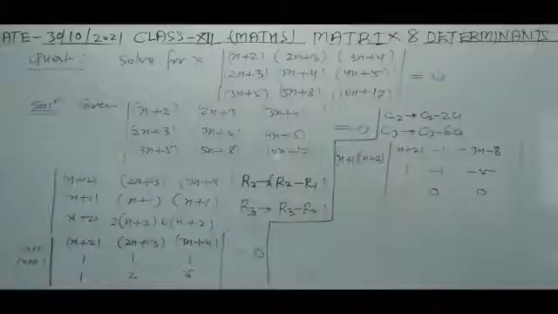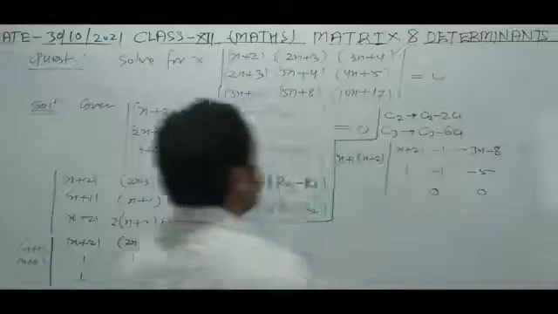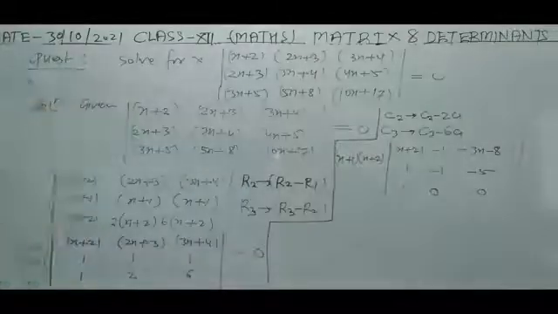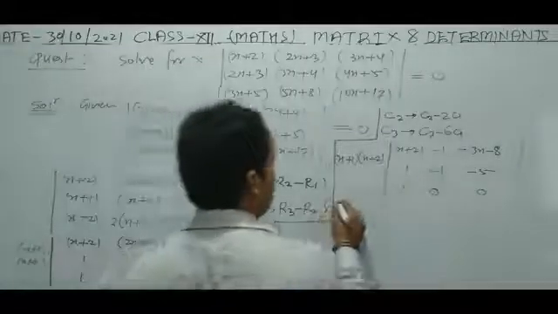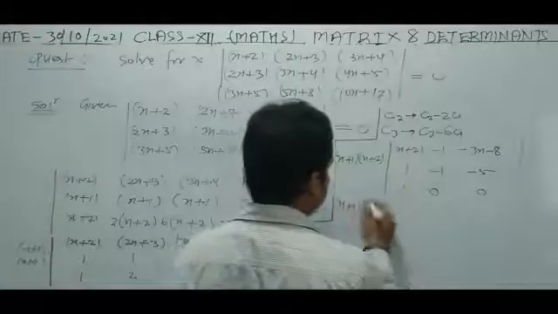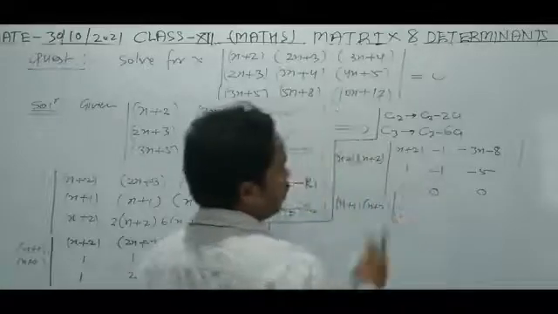Now we have to solve these steps. So x plus 1, and by using the determinants method you can also solve it. x plus 1, x plus 2 is a factor, and now what will be its value after solving? See, x plus 1, x plus 2 in big bracket.